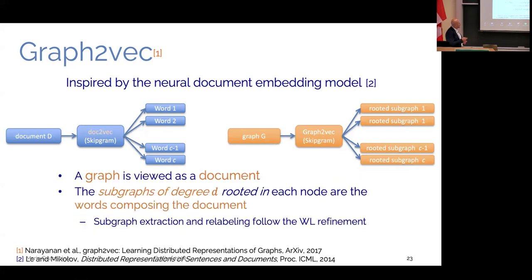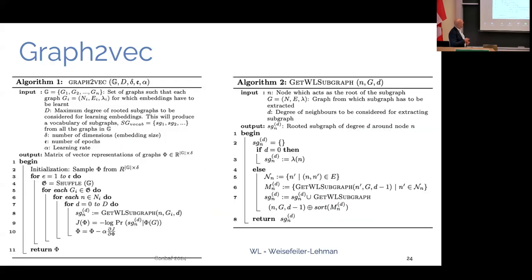So a graph is viewed as a document, and the subgraph of degree D, we have been calling this, are the subgraphs that are rooted in each node and that contain all the nodes at most at distance D. And starting from this, we get somehow a text description of the graphs. And this is obtained using those two algorithms.